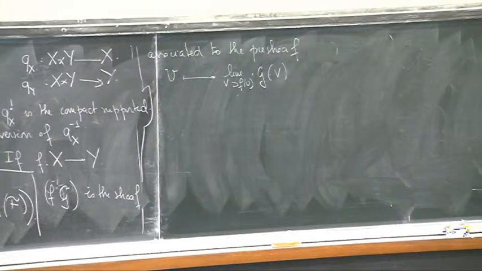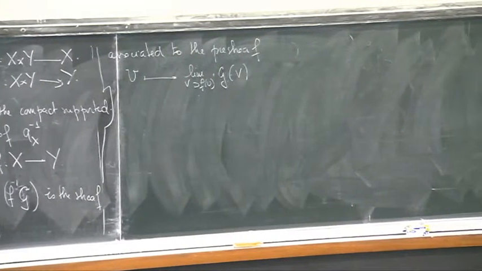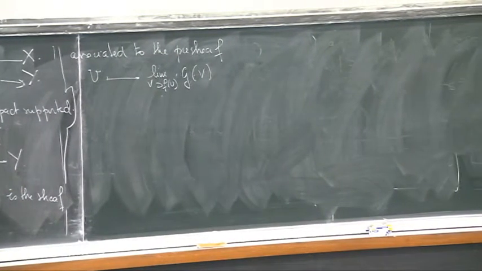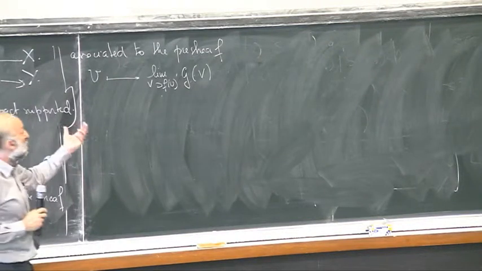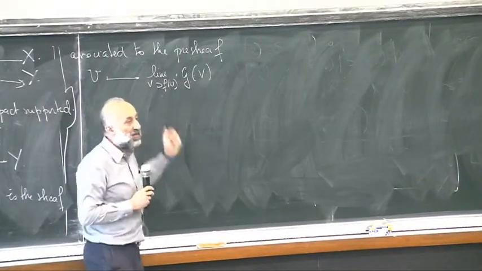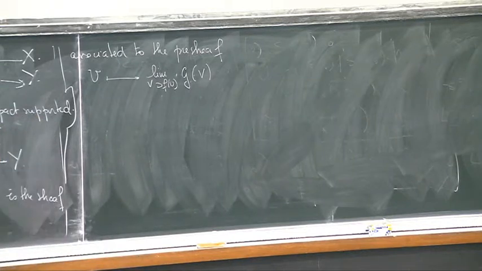So basically, there's only one way to construct an inverse image from sheaves on y to sheaves on x. The obvious construction only gives you a pre-sheaf. And then the only thing you can do at that point is to replace the pre-sheaf by a sheaf.